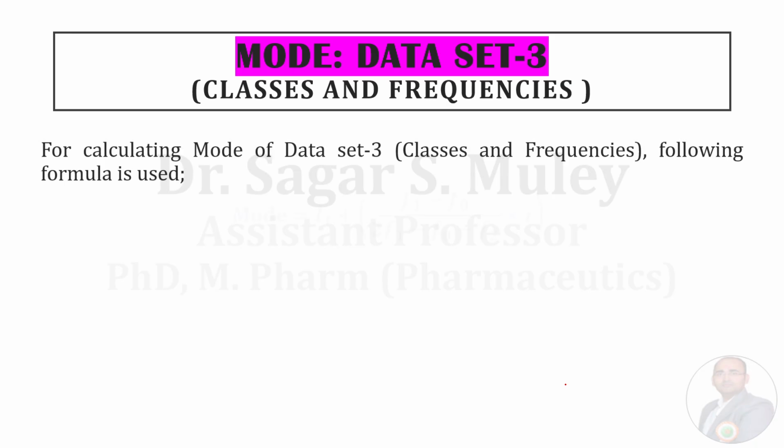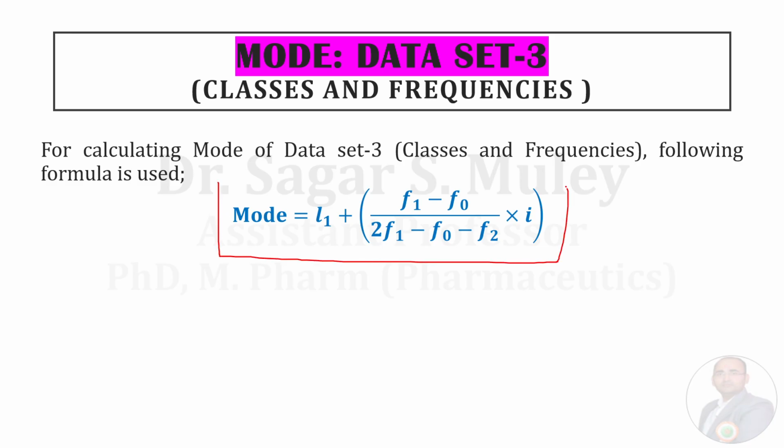In this case, we have to use this formula: mode is equal to L1 plus, in brackets, F1 minus F0 divided by 2F1 minus F0 minus F2, into I. We have to use this formula for calculation of mode when classes and frequencies are given.